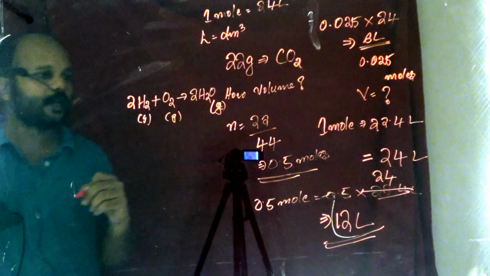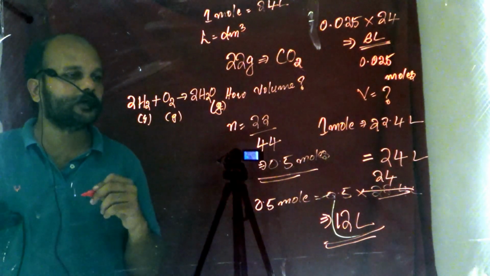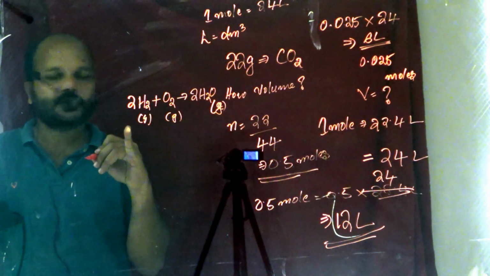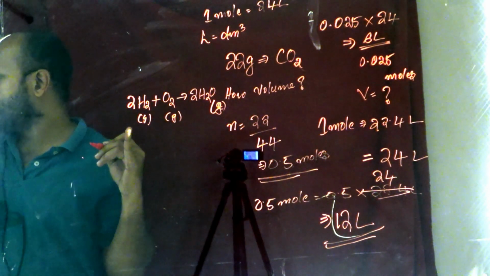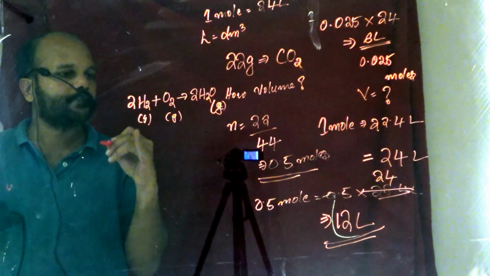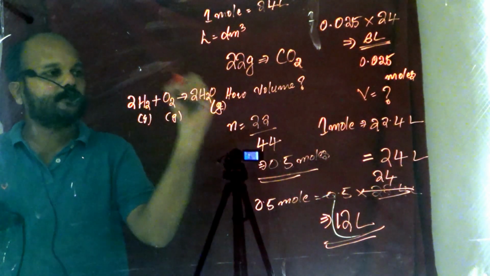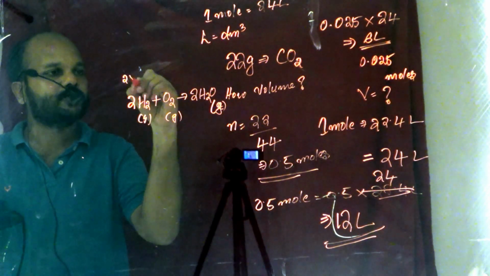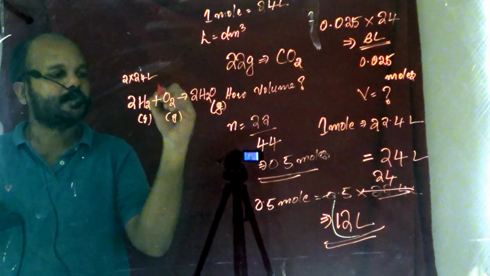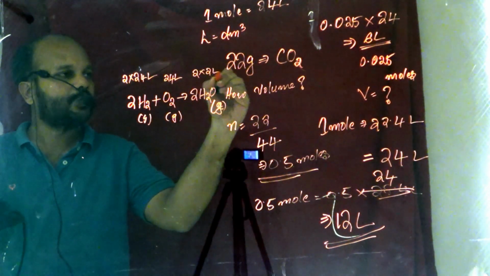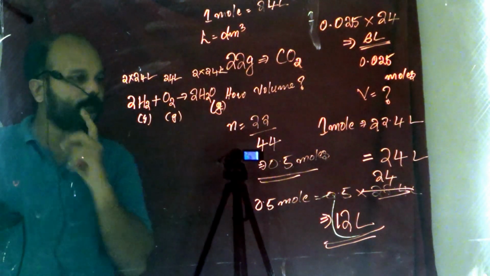According to this equation, if you are taking it in terms of moles, 2 moles, that means 2 into 24 liters, reacts with 24 liters of oxygen to form 2 into 24 liters of water molecules.